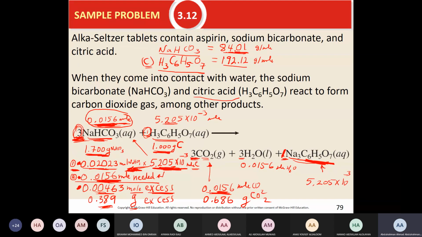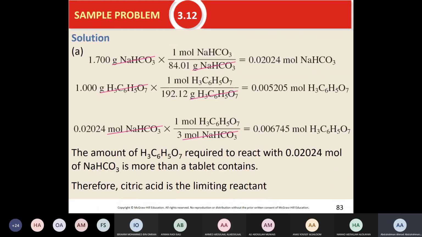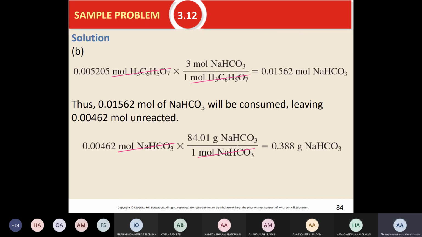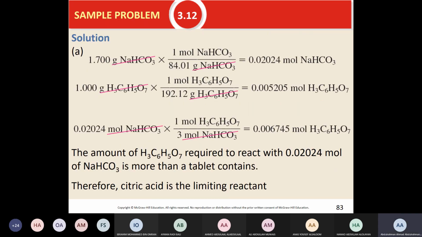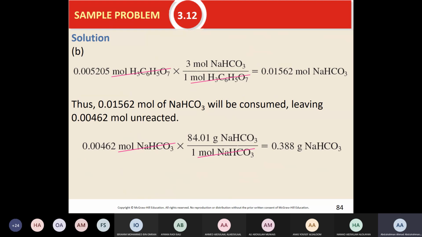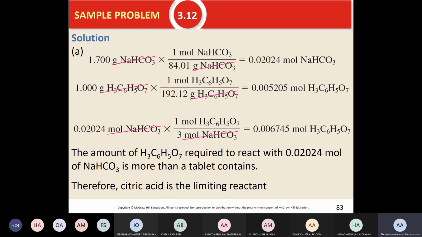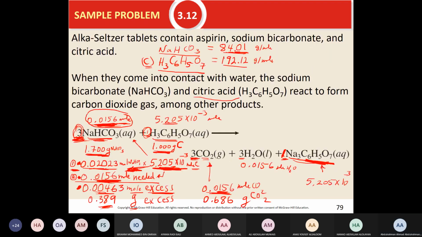So let's see the mass of the excess. It is 0.389. Let's see if the excess is 3.88. The excess is 3.388.